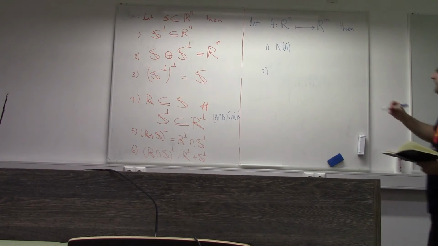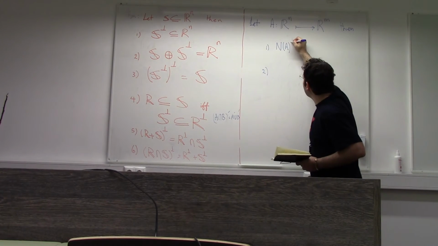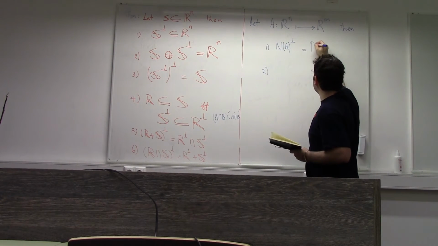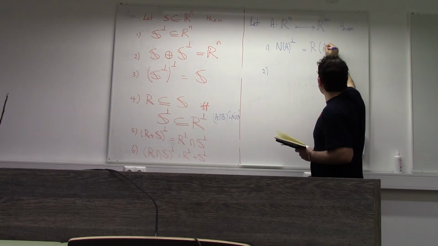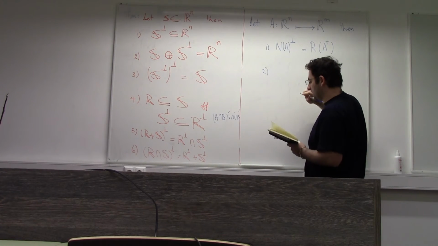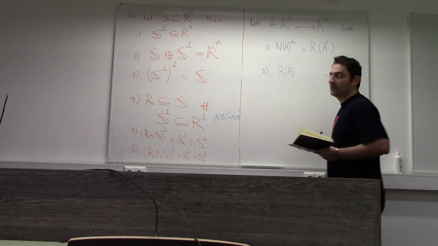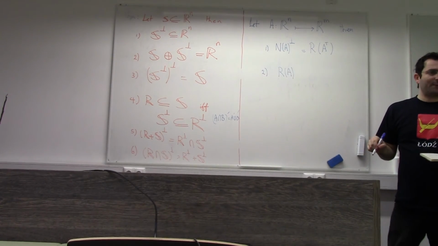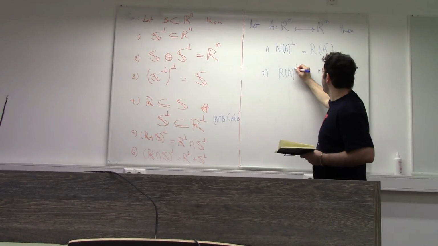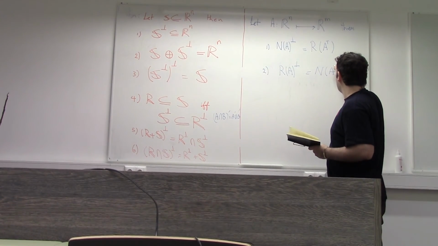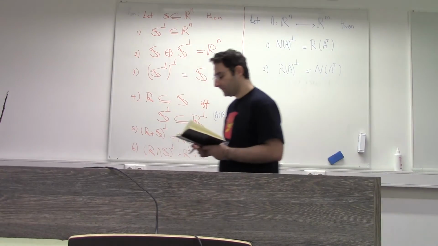Null space of A. So the orthogonal complement of null space of A is actually range of A transpose, and orthogonal complement of RA is null space of A transpose.